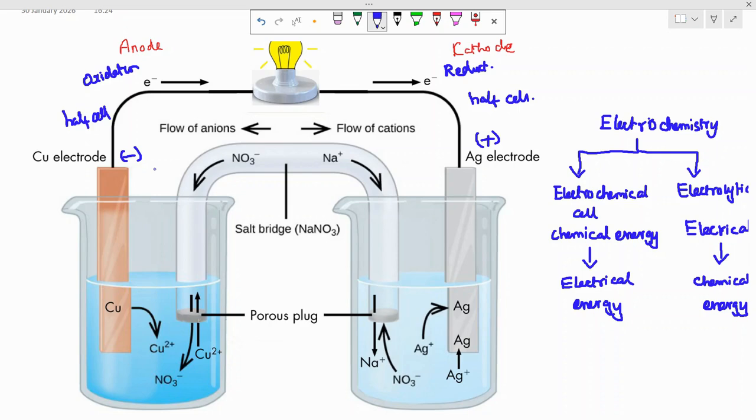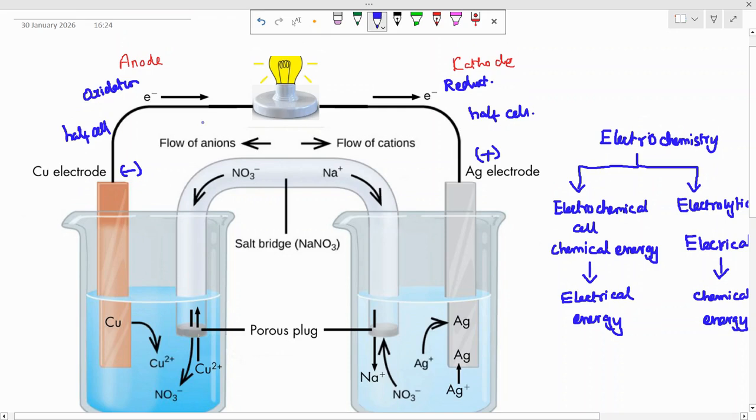Here, negative charge means the copper electrode loses its electrons, and the electrons move from the copper part to the Ag part. Movement of electrons is nothing but current. That's why the bulb glows. It is just the movement of electrons.